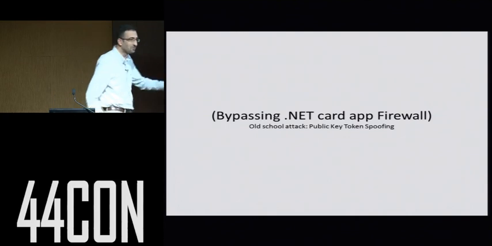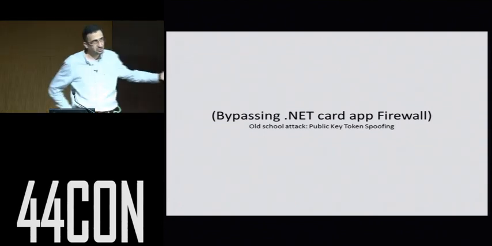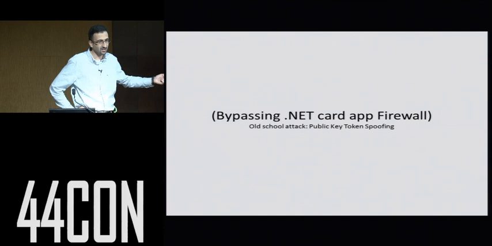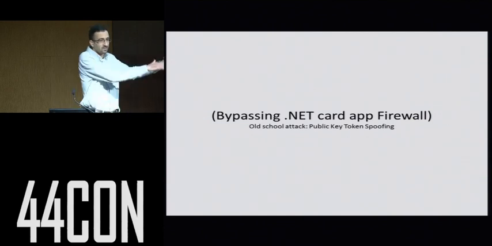When you test a web application, in order to test the authorization controls, you normally change the username or change the credit card number in order to try to access another customer's data. So here we are going to change the public key token to the public key token of another application in order to access its data.